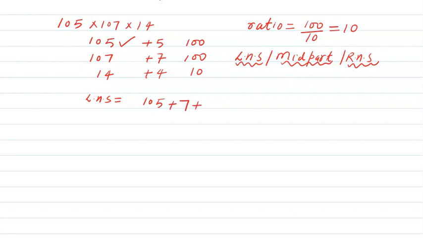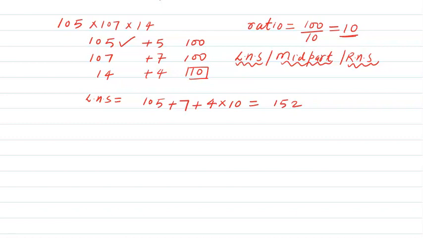But when we look at this surplus number, which is corresponding to the smaller base 10, what we need to do in this case, when we are adding the surplus, we are also multiplying this surplus number by the ratio. So ratio here is 10. So I will multiply it by 10, and the product will be 40 here, and the total sum will be 112 plus 40, that is 152.